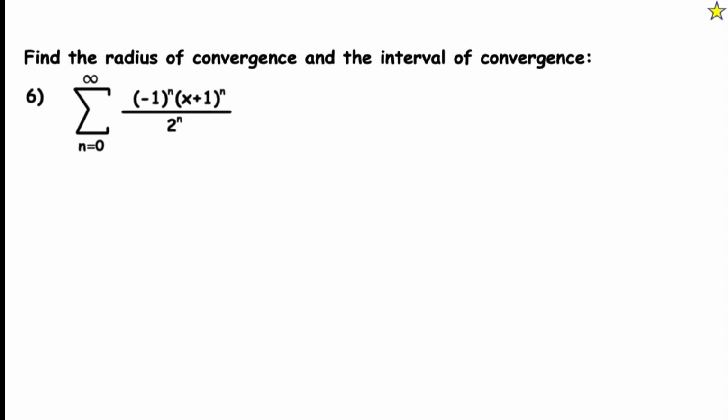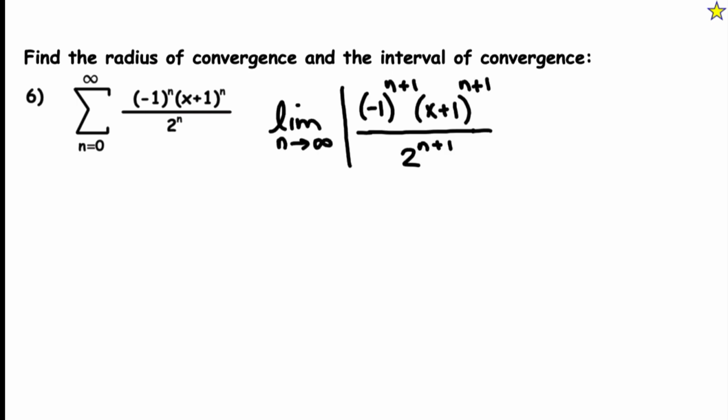So starting with the ratio test, it's the limit as n approaches infinity. Okay, I moved all the n's up by a power. Now we're going to divide by the original, so we'll multiply by its reciprocal. So 2 to the n up top of the numerator. The rest of the original will be down here in the denominator.